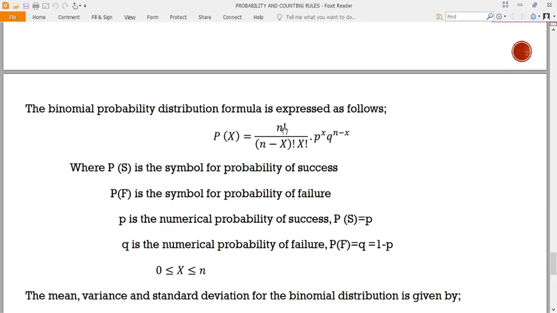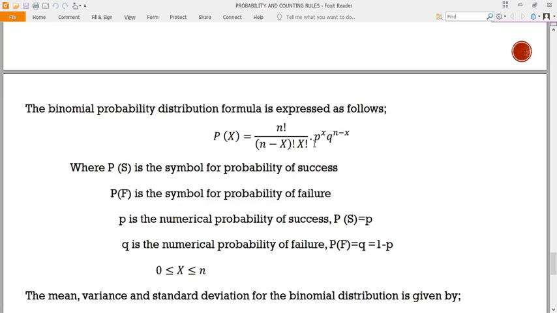N is always the total number of outcomes or elements. X represents the successes, and then P represents the probability of success, and Q represents the complement, or the probability of failure.